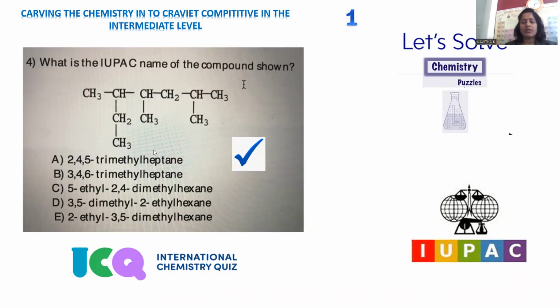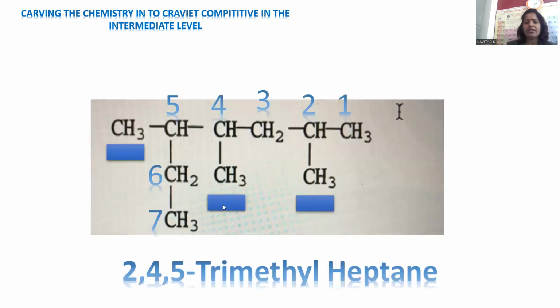In order to answer this, we have to go through the possibilities we have. Either you can start the numbering from the left-hand side or the right-hand side. If you start from the left-hand side, for example from this methyl, 1, 2, 3, 4, 5, 6 carbon chain it will be.